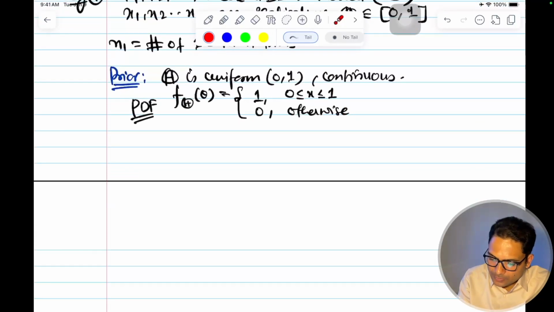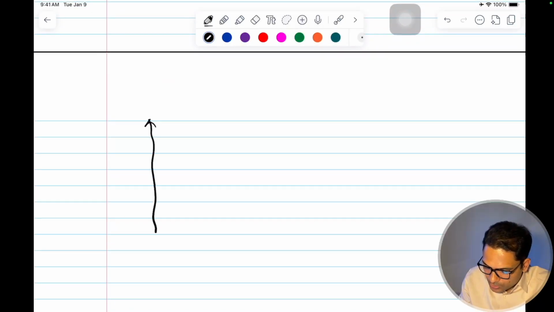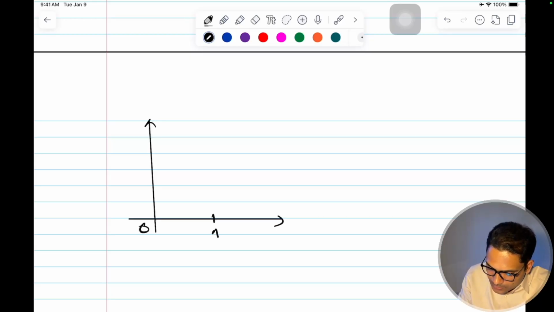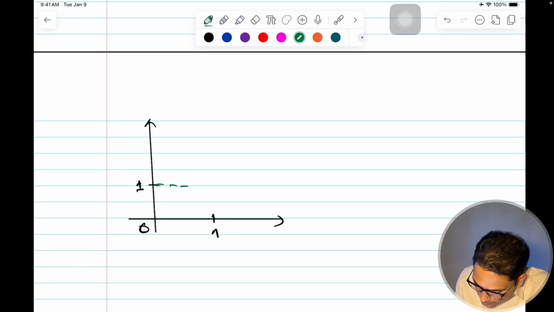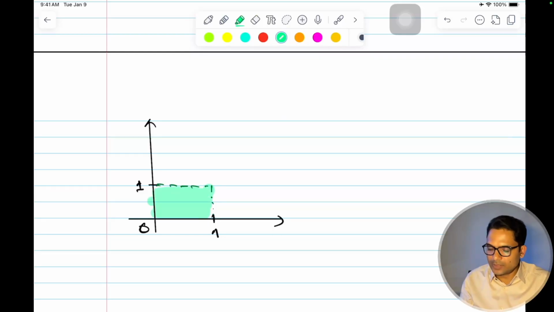Okay, so how will this look? Uniform distribution. This is 0, this is 1, and say this is the PDF, and this is the area under the curve.